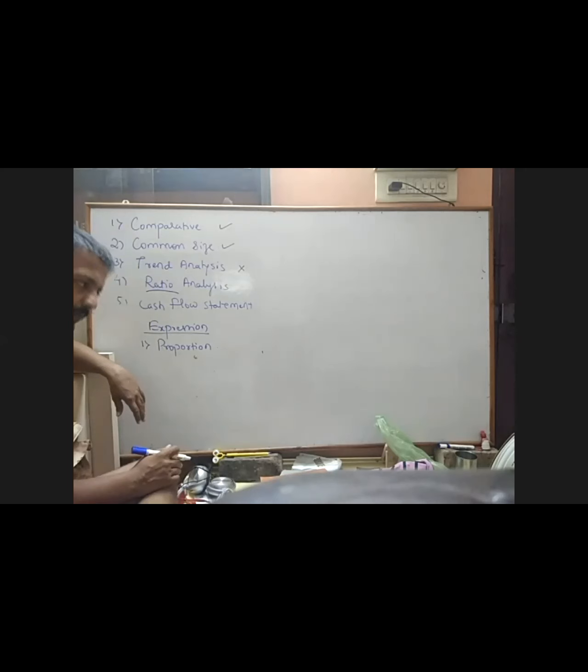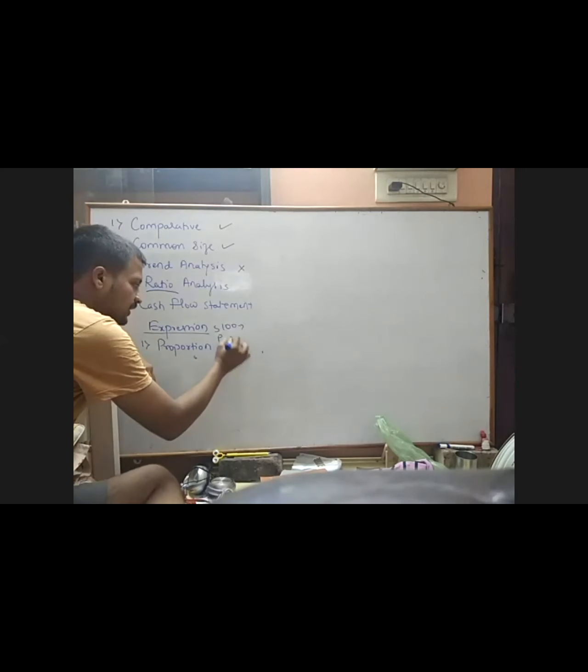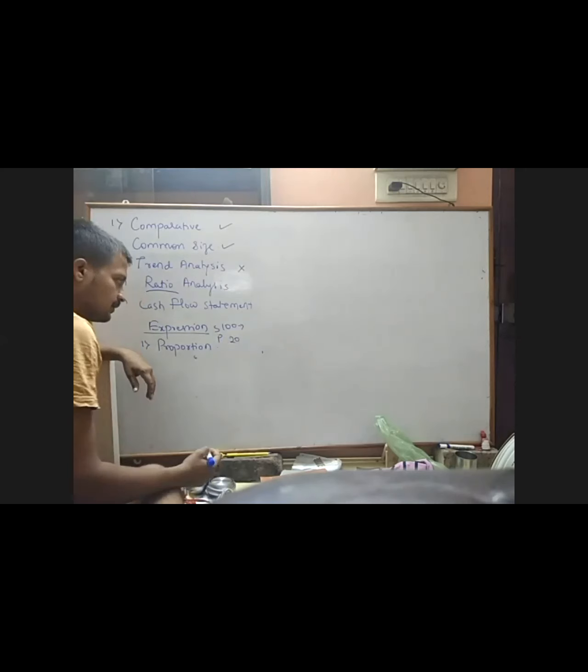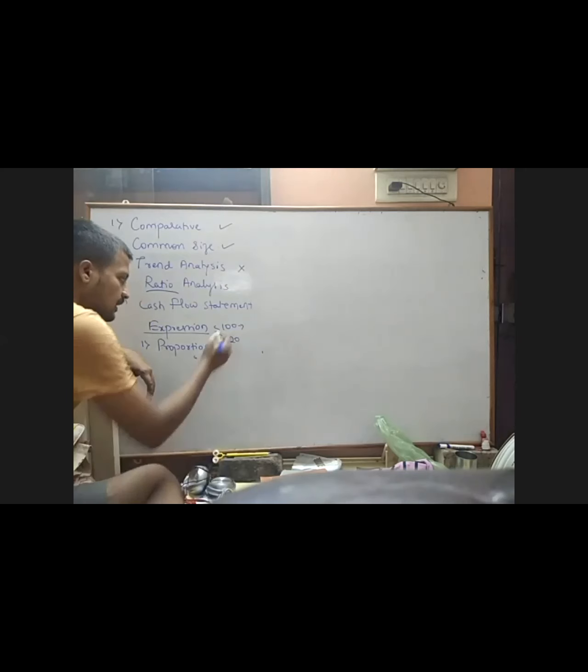And profit is 20. इसको और मैं, this is 500 by saying that sales to profit is 5:2. 5:2. This is called as proportion.